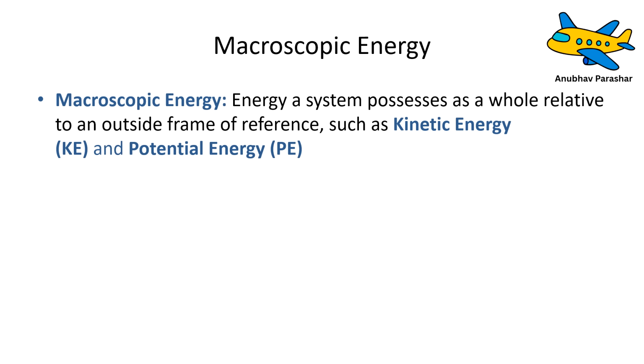Having said that, let us try to define macroscopic energy. Macroscopic energy is the energy possessed by the system as a whole, and it is always relative to a frame of reference. So whenever we are seeing potential energy, we see it with respect to ground. If you change the frame of reference, the potential energy will change, right? Similarly, velocity is also something with respect to frame of reference, right?